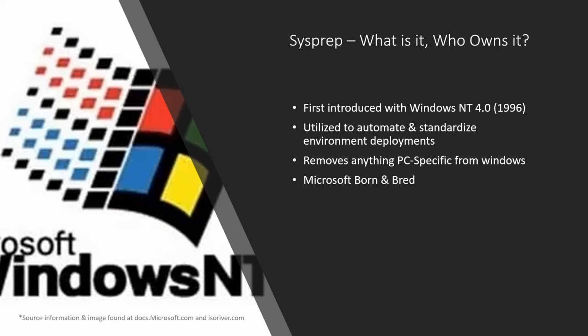And it did this by developing Sysprep, which basically removes any PC-specific information from a Windows installation, and what that does is, in effect, it generalizes the installation, and the resulting benefit is that the Sysprep image can then be installed on different PCs without running into PC-specific conflicts. So as you can see, Sysprep is pretty much Microsoft born and bred.